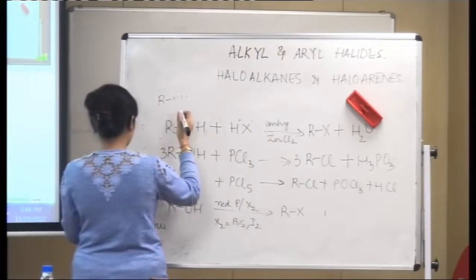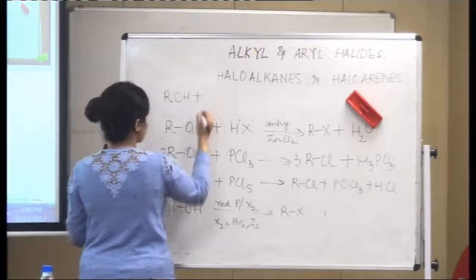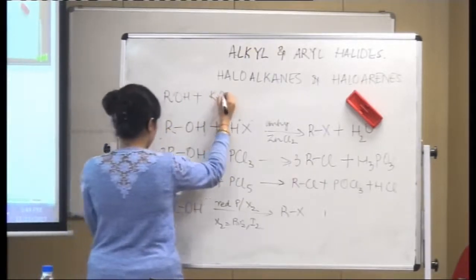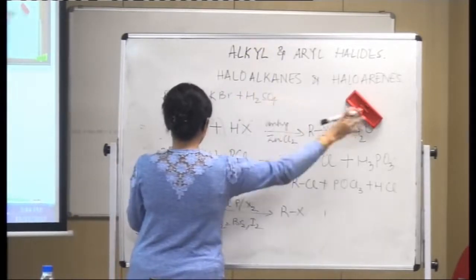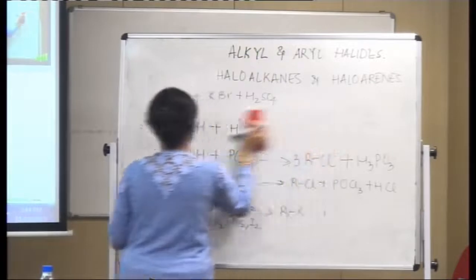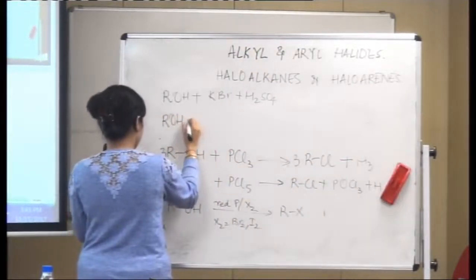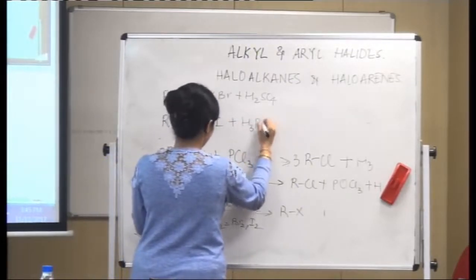You can even add to ROH, for bromo and iodo, because we have fewer methods, for ROH you can add KBr and H2SO4, and for iodo you can have alcohol plus KI plus H3PO4.